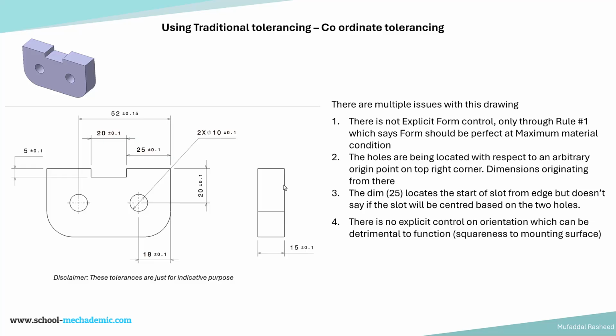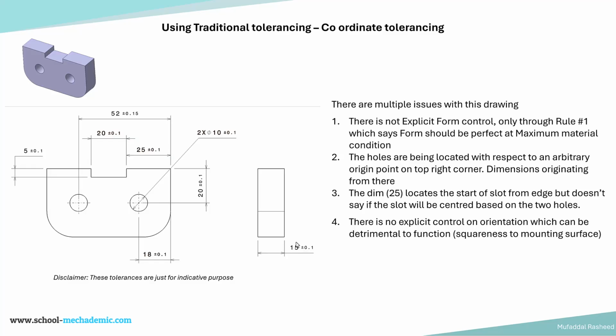There is no explicit control of the form, but through rule number 1, which is Taylor's principle, we can say that form is being controlled, but form has to be perfect at maximum material condition. Rule number 1, called the Taylor principle, says that for a feature of size, which is this width, an external feature of size, when it is at its maximum size, that is maximum material condition, it should have perfect form.